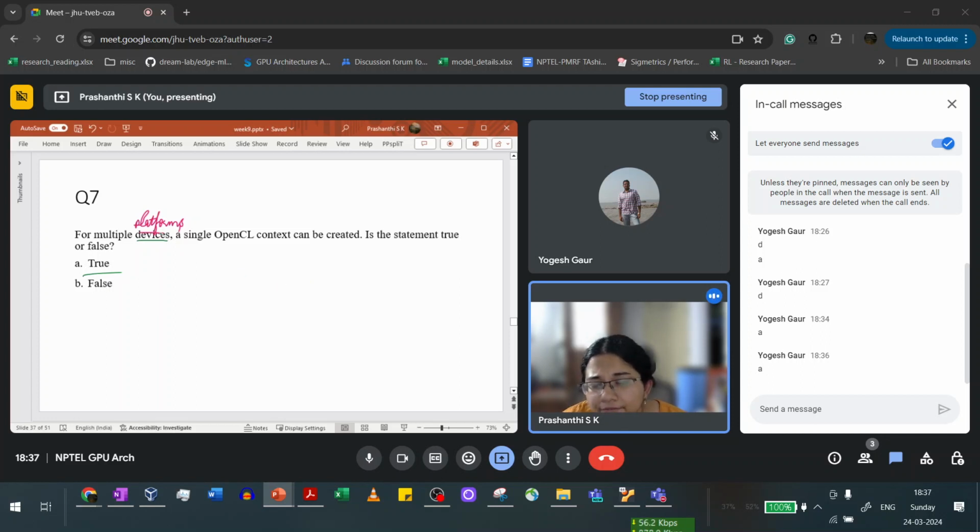So as of now, with platforms as the question, you cannot have a single OpenCL context across multiple platforms. You have to have multiple contexts. Therefore, this is false. Hope this is clear.